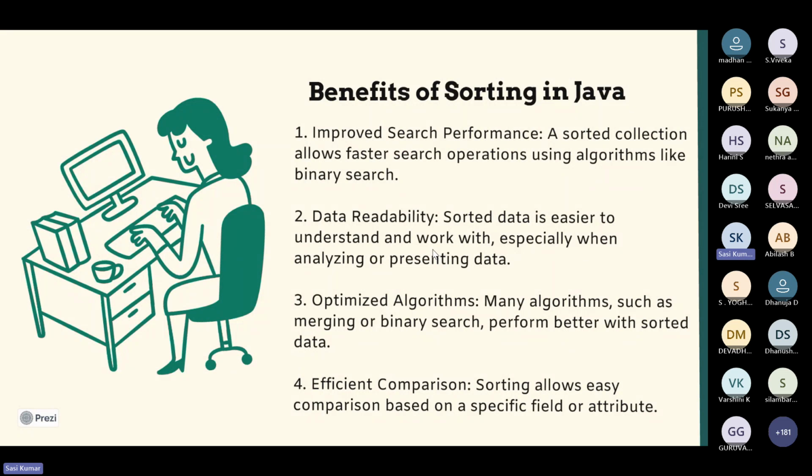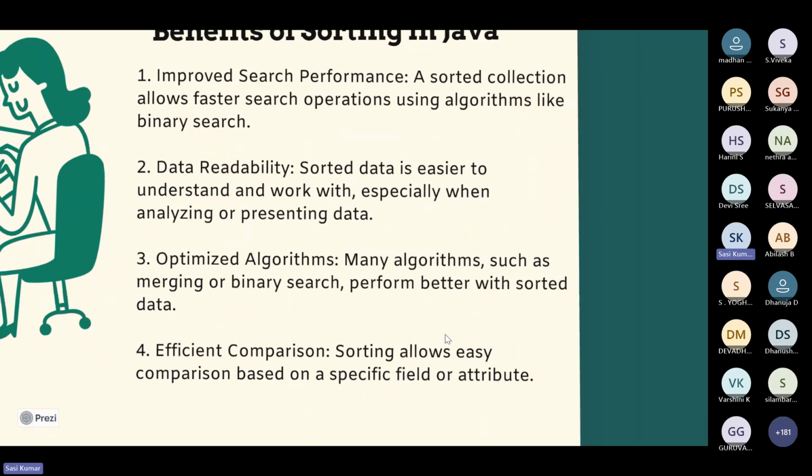Second one is data readability. If it is in sorted order, then it is easy to read and understand, and also we can analyze it very easily. And the next point is optimized algorithms. Many algorithms, like merging or binary search, we can do easily in a sorted array or sorted collection.